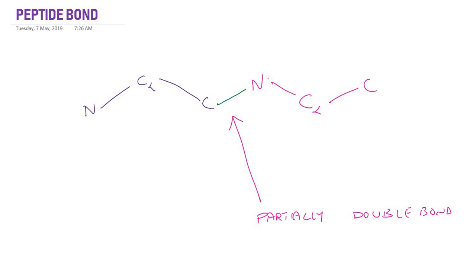Because of these true single bonds, there is an R group attached here. So this alpha carbon atom has the amino group on one side and the carboxyl group on the other. This is R1. So the groups around the alpha carbon atom have free rotation. Here the R group may be on this side. This happens only because of the formation of this peptide bond.